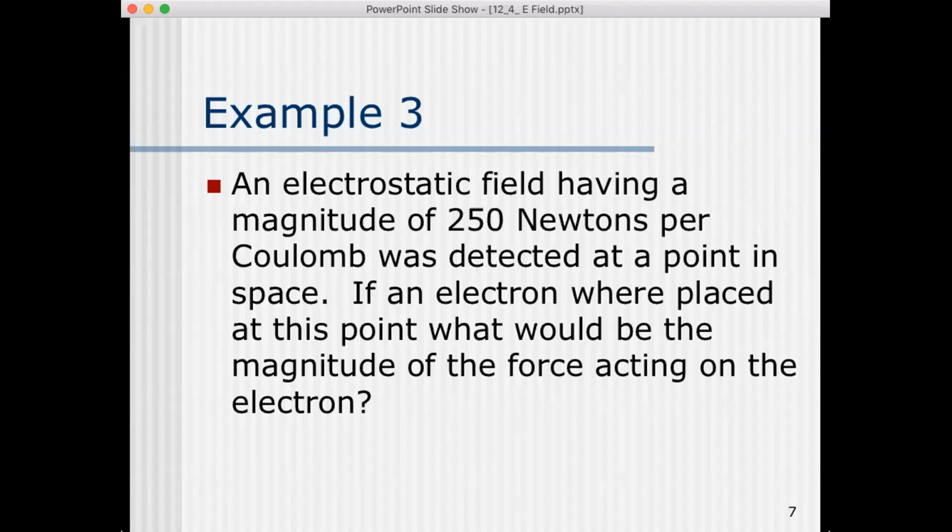If an electron were placed at this point, what would be the magnitude of the force acting on the electron? Again, there's something important here, and that's knowing the charge on an electron. I'm doing this exactly the way any problem that you're going to get would do it. So let me go back to Ziggy.